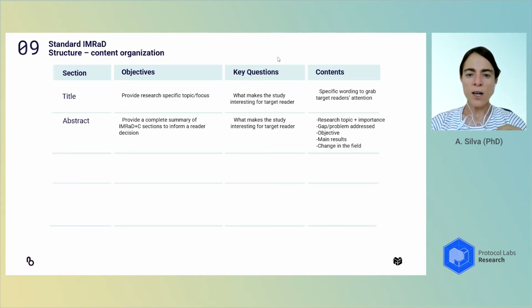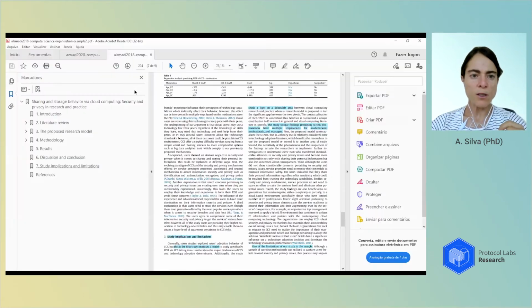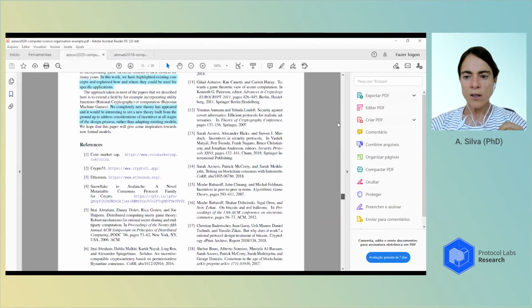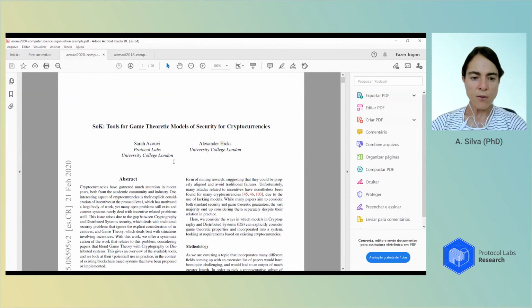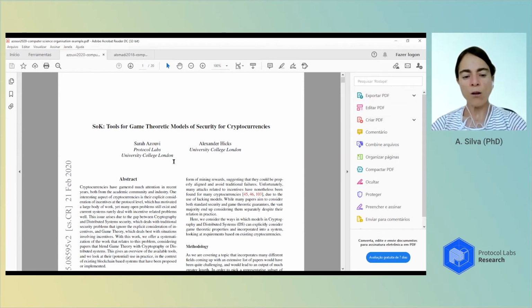So I'm going to go back to the PDFs to show you these two elements, if you allow me. Hopefully you're seeing this PDF as well. So this first part of the title is actually the topic. In what realm, let's say, are we?